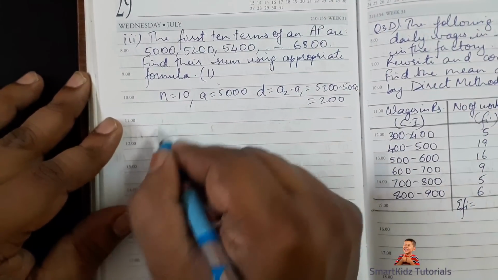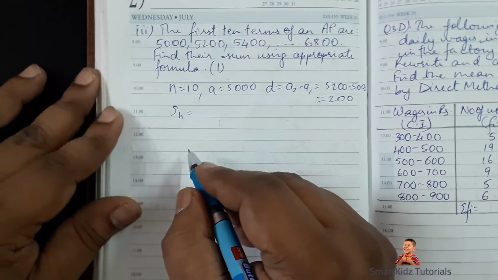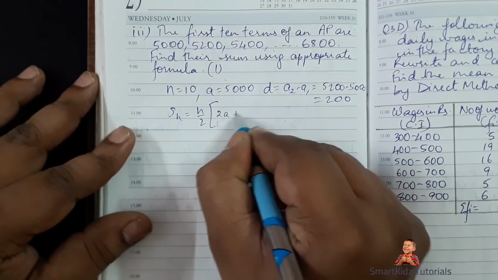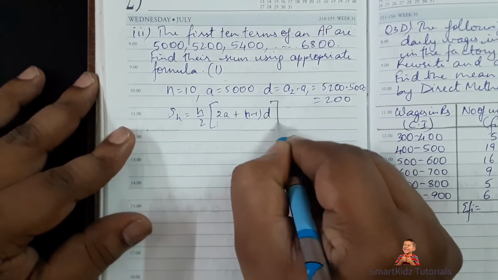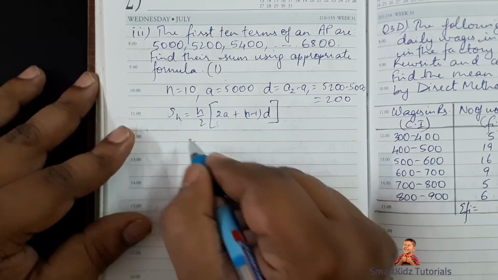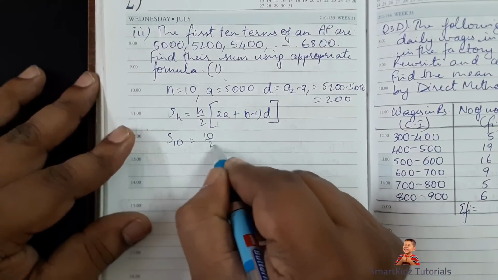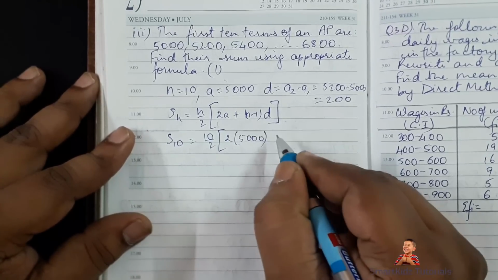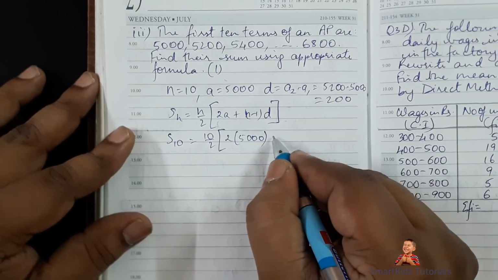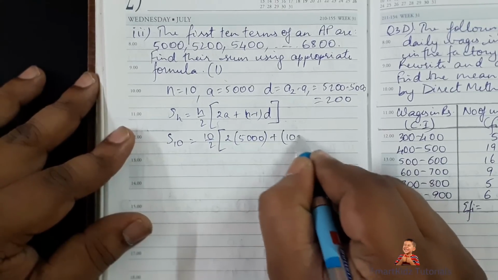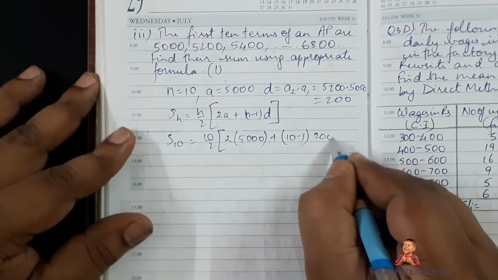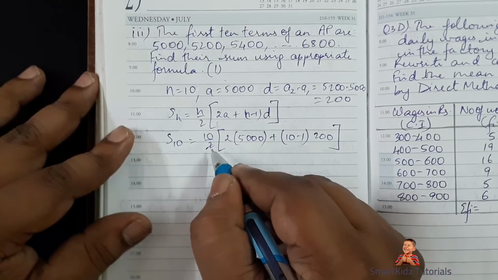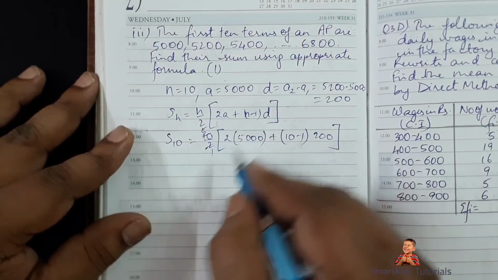We can find out. So the formula is Sn equal to n upon 2 into 2a plus n minus 1 into d, close the bracket. So that would be S10, 10 upon 2, 2 into 5,000 plus 10 minus 1 into d, that is 200, close the bracket. That would be 2 1s are 2, 2 5s are 10.